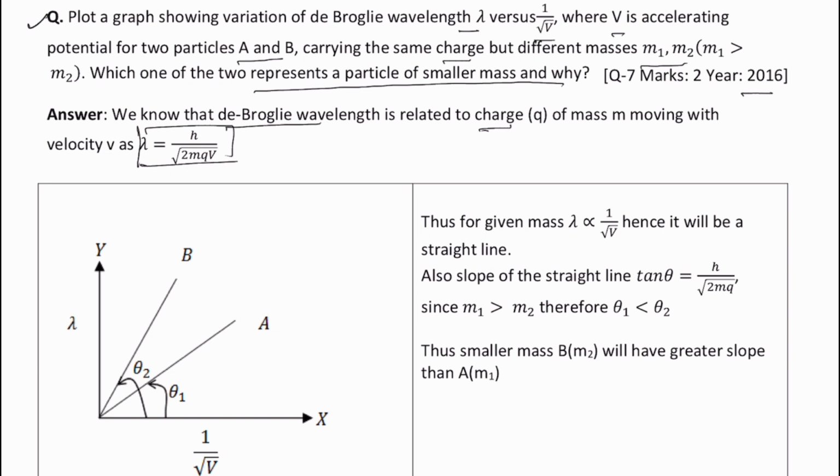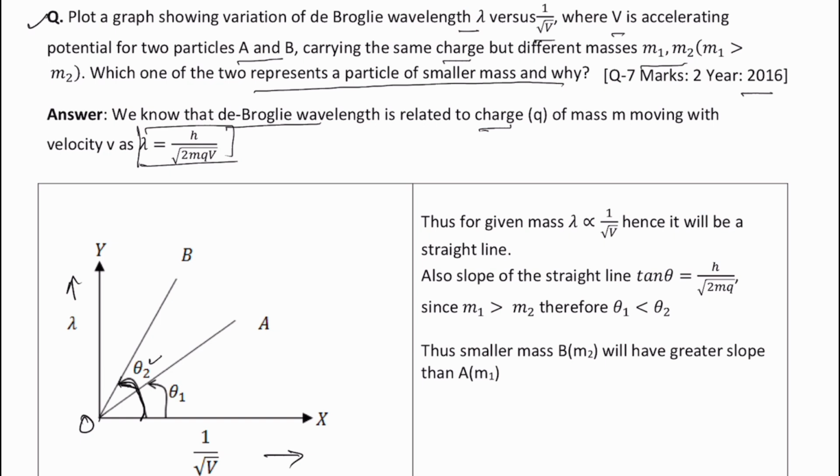Now if we plot 1 by root V along the x-axis and wavelength lambda along the y-axis, then OA, which is inclined at an angle theta 1 with the x-axis, represents A, and OB, which is inclined at an angle theta 2, represents B. So this is the plot.